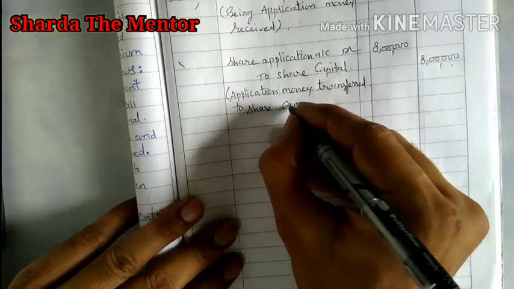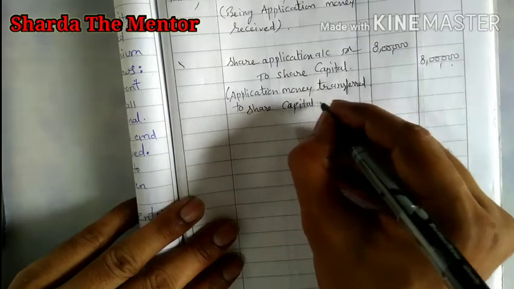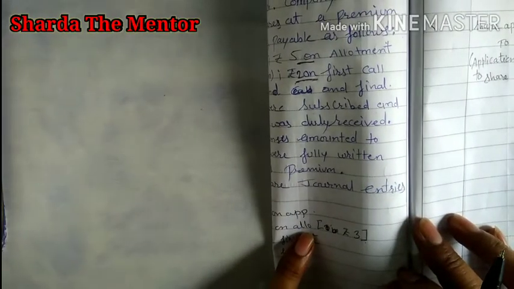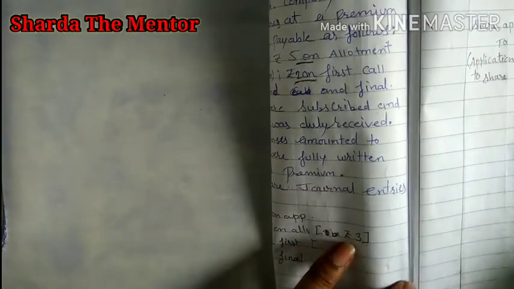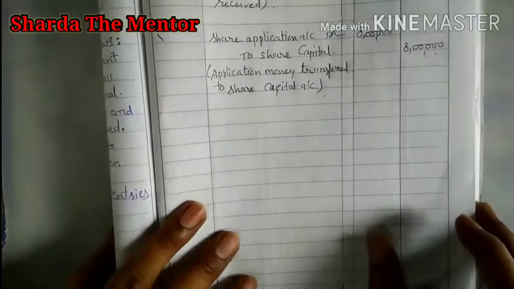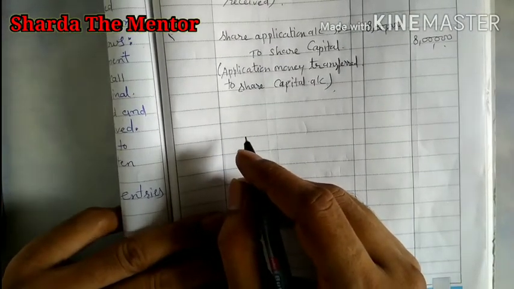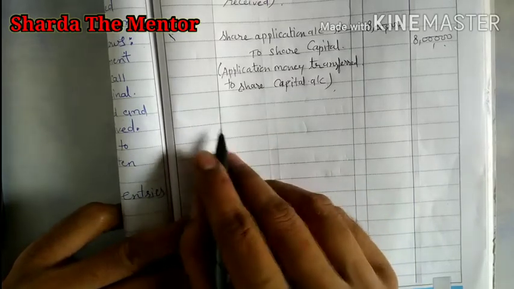Next entry: here we see 5 rupees on allotment, including 3 rupees premium. Remember one thing, premium is considered a liability of the company, so it is always credited with the due entry.